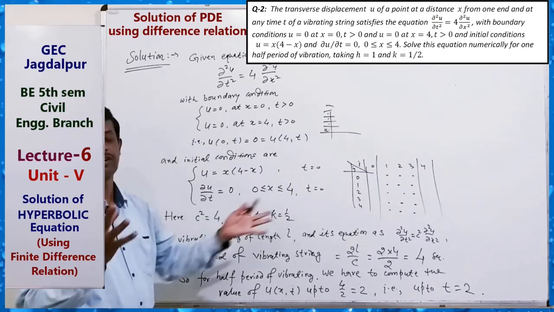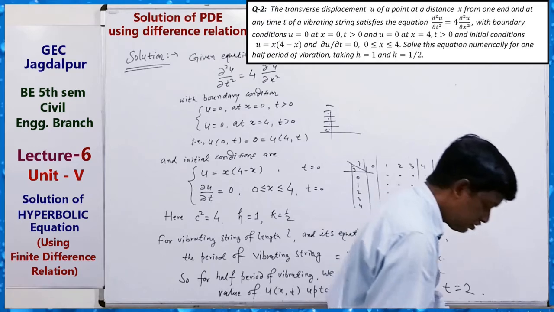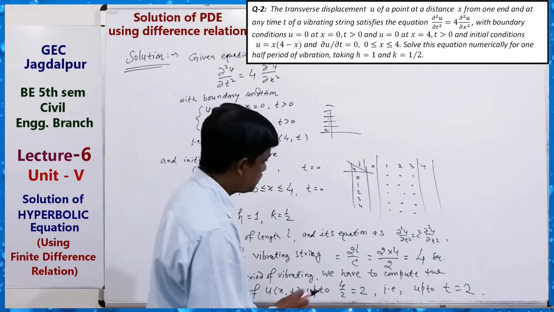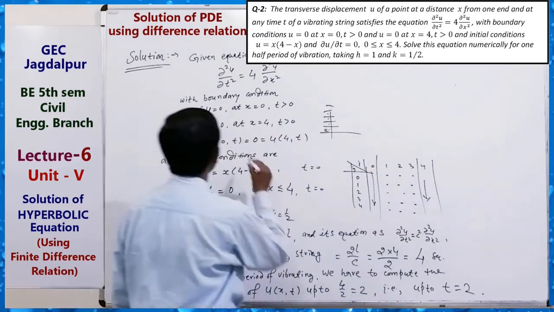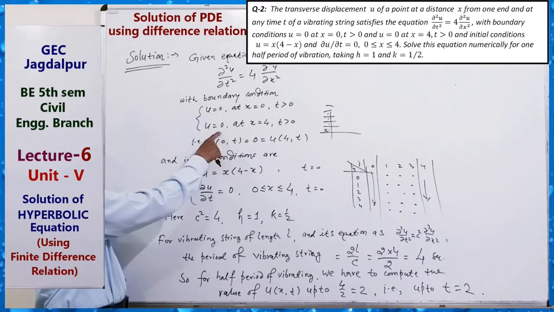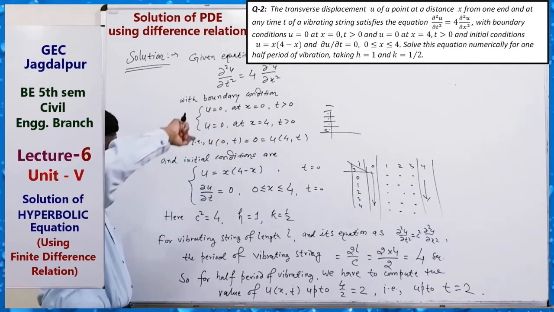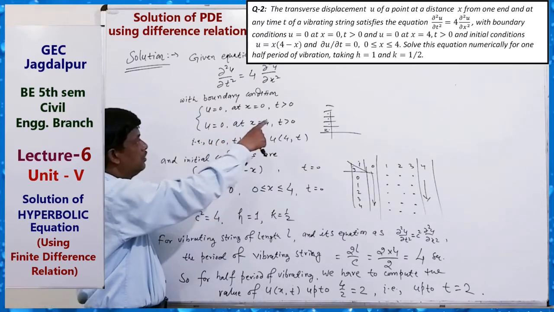What will be the format for our table? Now we calculate the values by using the formula. First of all, this line and this line can be obtained by using the boundary condition.